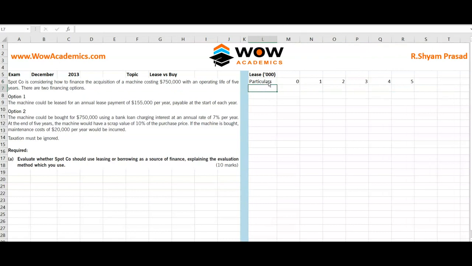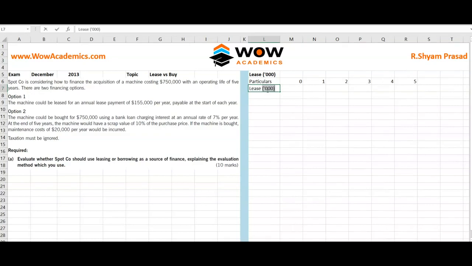So we'll have some items to type inside, something like a lease payment. So we'll have only one single cash flow. The sum is not giving taxation. So in option 2 below you see taxation must be ignored. So there's no taxation.